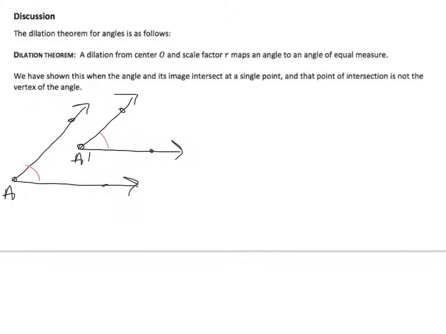It doesn't matter, right? I could draw an auxiliary line and show that I have equal angles, I know, because I just drew parallel lines. Correct?